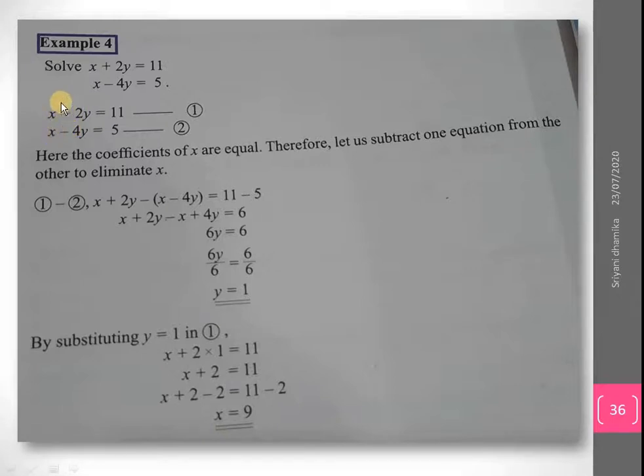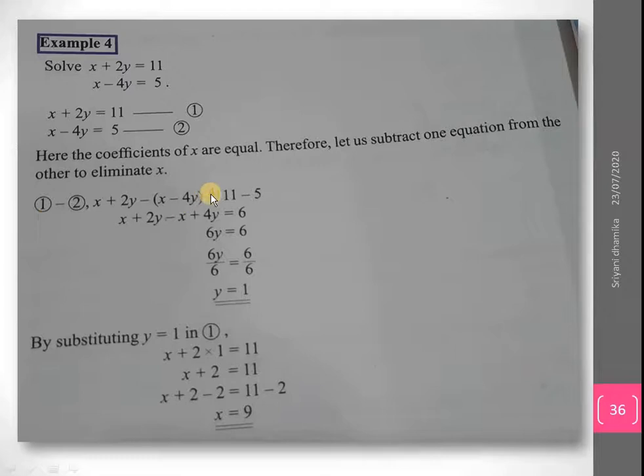So we have to eliminate the term with equal coefficient, which is x. How do you remove this? Both are positive terms, so we have to subtract. Here the coefficients of x are equal. Therefore, let's subtract one equation from the other to eliminate x.